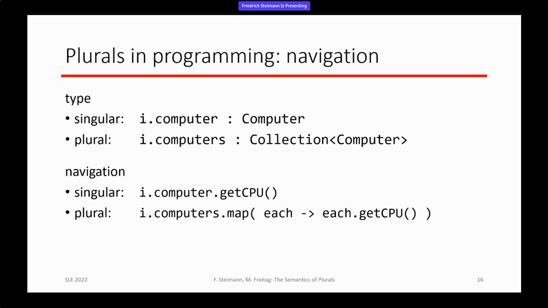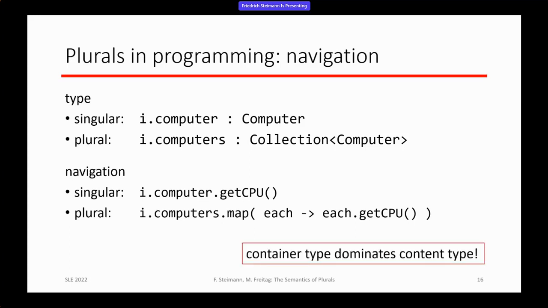And this is rather different. And the reason why it is different is because computers has a different type than computer. And the problem with this is that even though this is a parametric type, which also names the computer, the container dominates the content. And we don't have that in the other languages. It's a peculiarity of programming.